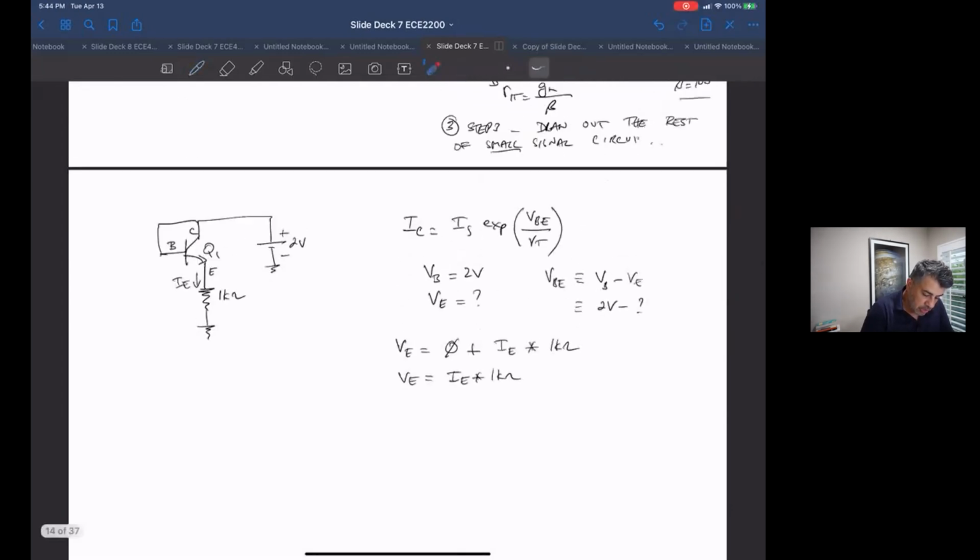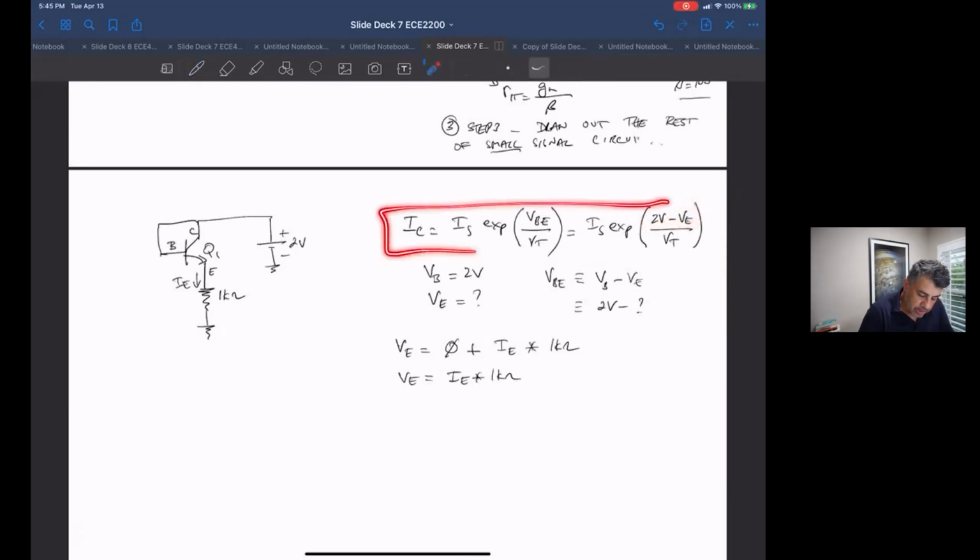And I'm just going to rewrite this. I'm going to rewrite this as I sub s exponential of VBE, which I'm going to write as 2 volts minus VE, over VT. This is V sub B, this is V sub E, so together they make up VBE.